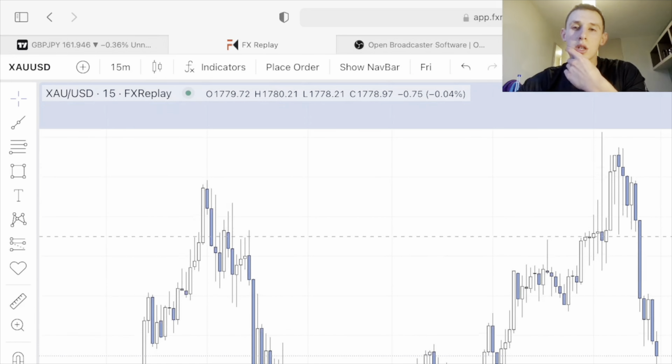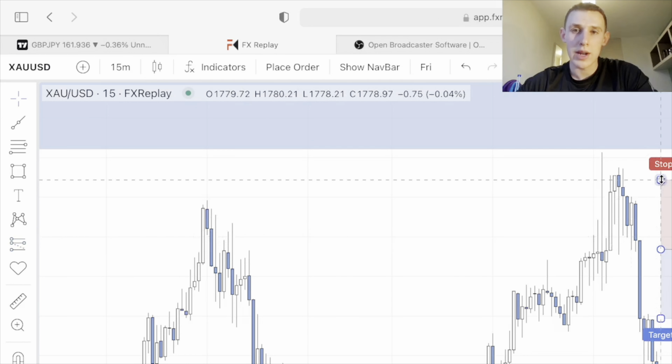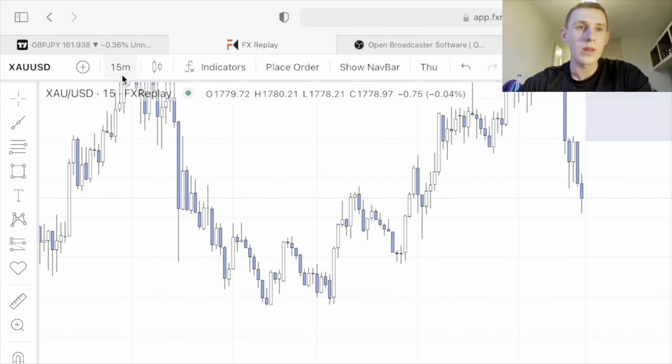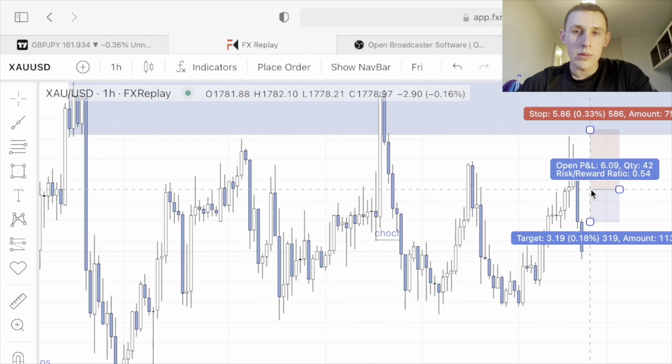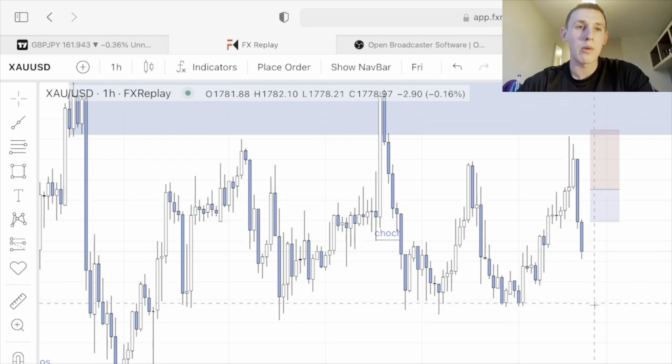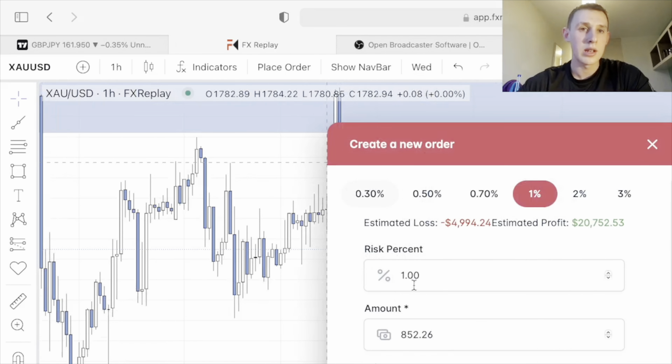So I think this area of supply up here would give us a valid re-entry if it pulls back or not. We'll put it here in case it reacts from this level, because that's the hourly level of supply. And again, targeting this area down here.